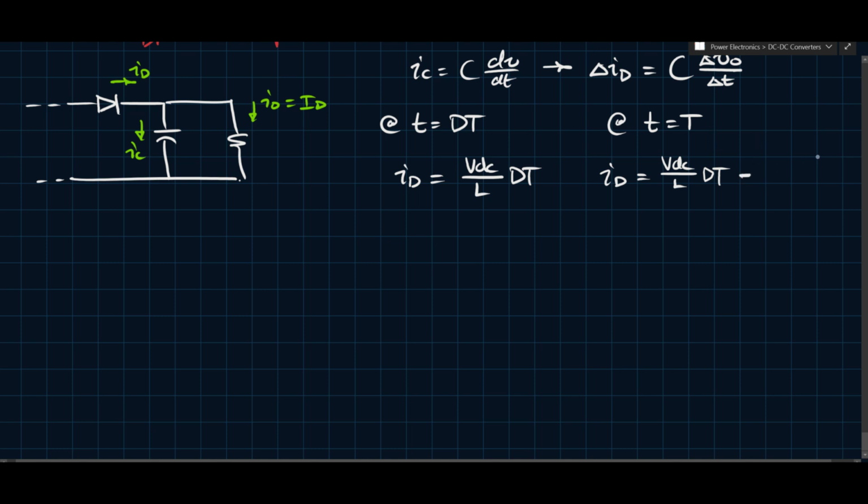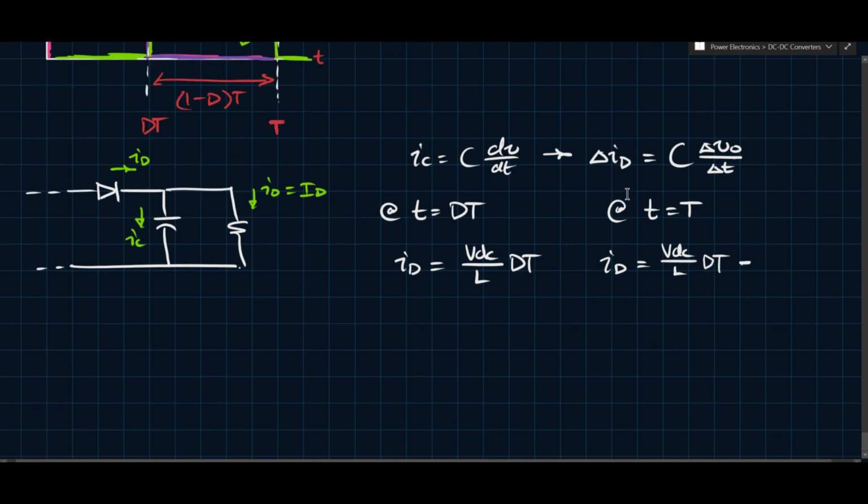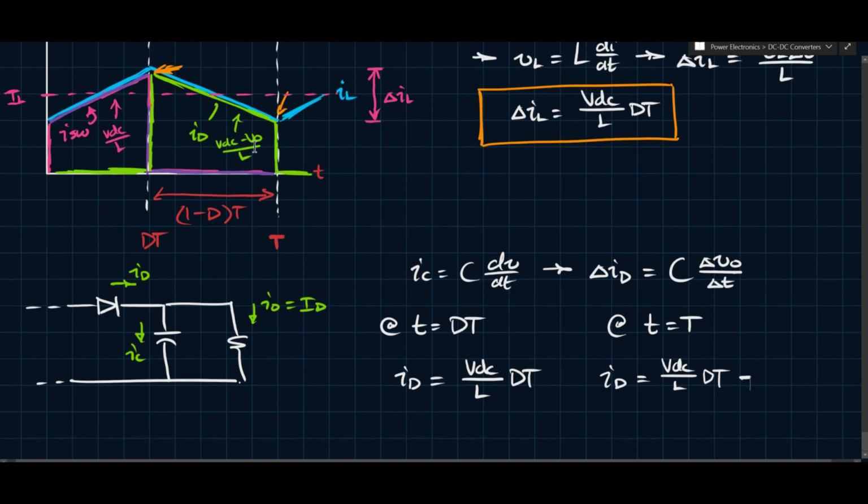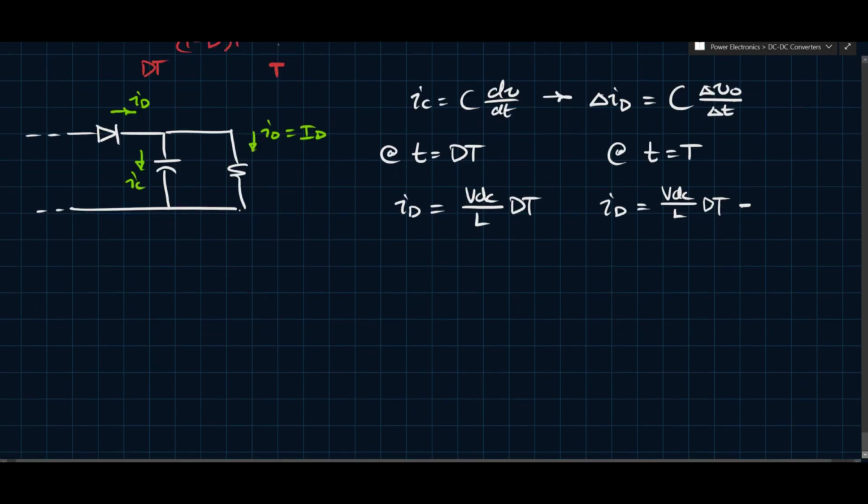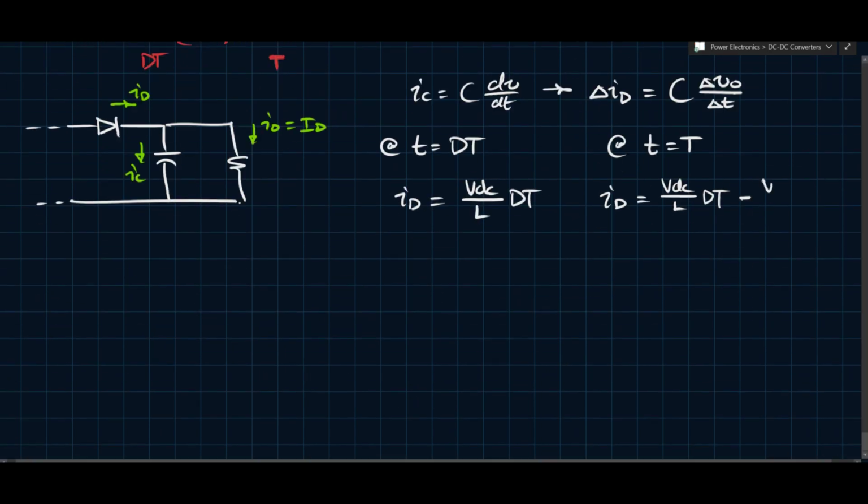And this should be minus the slope here, which is VDC minus VO divided by L, times whatever time that goes for. So this is going to be VDC minus VO over L times 1 minus d times T. Okay, and so you have this expression here. And you know then that delta ID, or the change in ID over that time, is going to be minus VDC minus VO over L times 1 minus d times T.